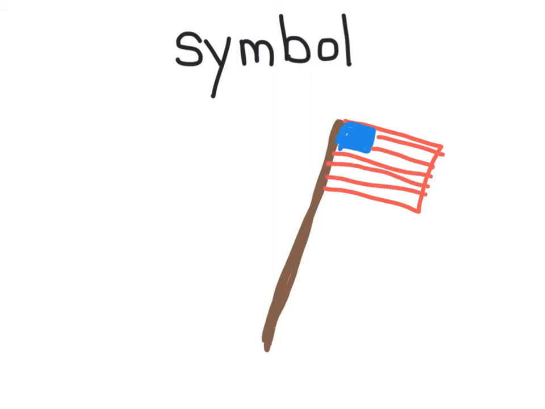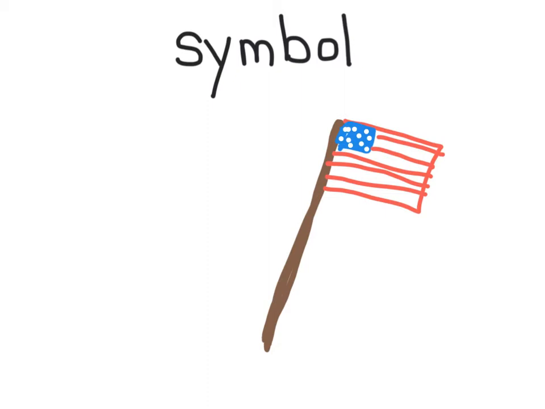When you are looking at our flag and you are looking at the stars on it and the stripes, those are all symbols for things in our country. Each stripe is a symbol for the 13 colonies that our country was founded with.